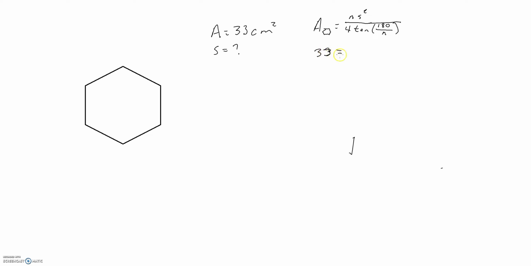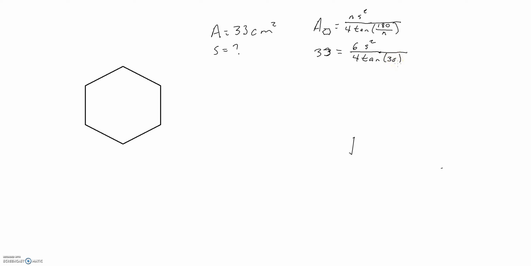So we have that 33 is equal to the number of sides on a hexagon, better be 6, 6s squared, all over 4 times the tangent of, what is 180 divided by 6? Should be 30.